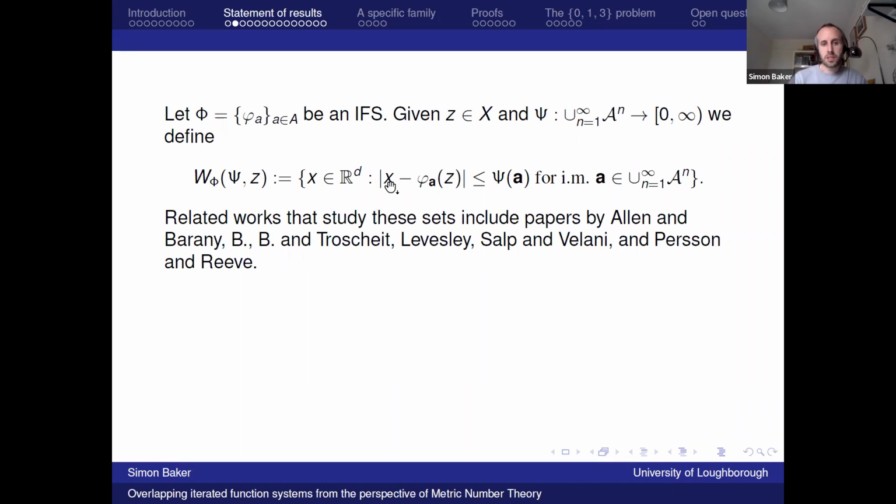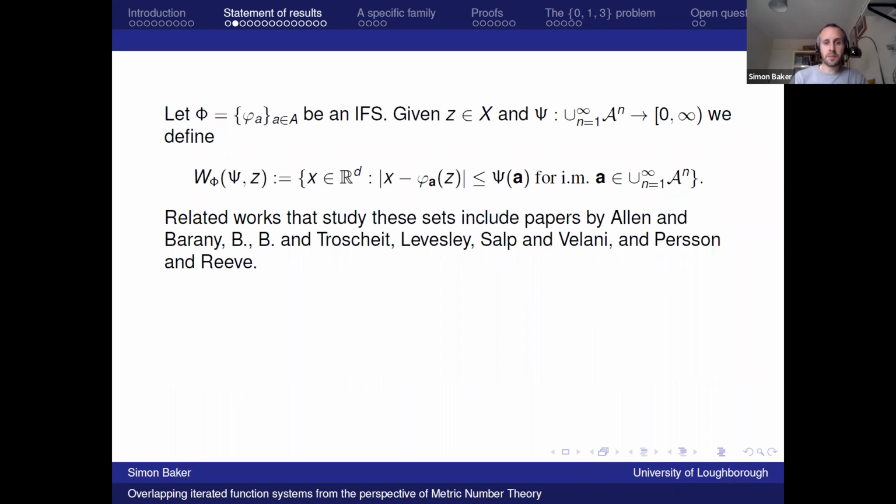So now when I look at an approximation, I'm interested in whether x can be approximated by an image of z under the map corresponding to the word a, where the error is psi of a. To get some good intuition, you might want to think that psi is a function which depends simply upon the length of the word a.